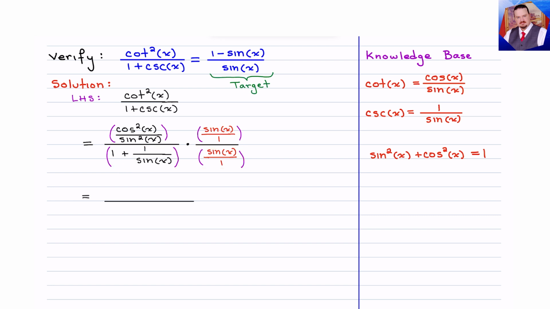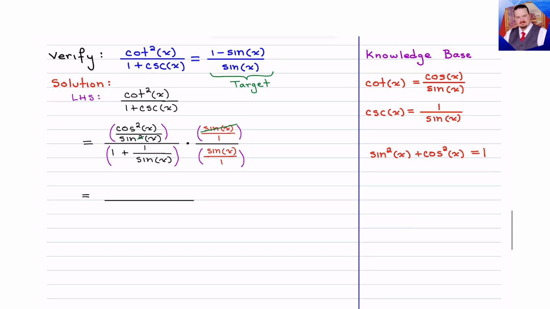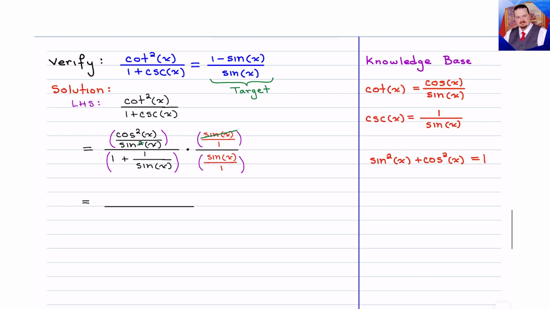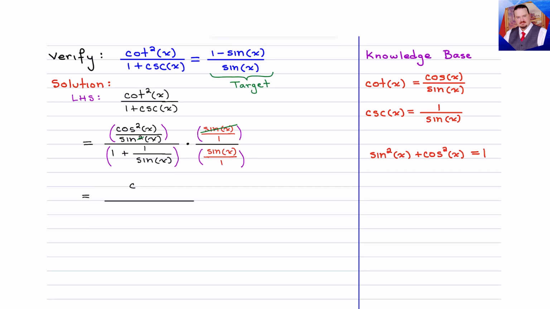Okay, so let's do the numerator first. What will happen is this sine will cancel with one of those sines in the denominator. So in the numerator, I get cosine squared x over sine x, just one. One of them's gone. You had 2 sine terms in the denominator and 1 got canceled.